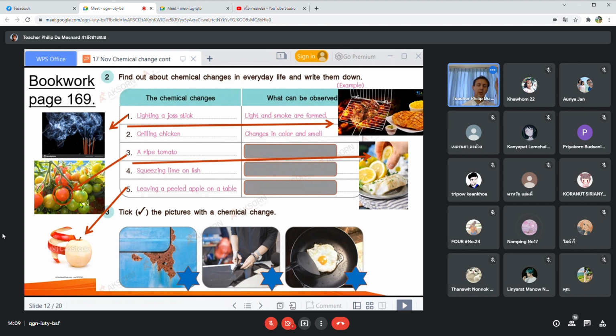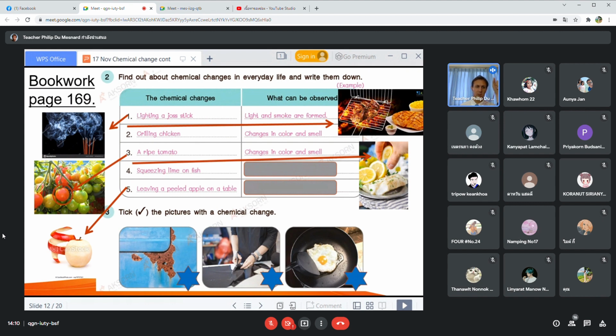No. Very good. Because the green tomato is sour. The red tomato is sweet. Yummy. So the taste is different, and also the color is different. There are two things that changed with the tomato, so we know it's a chemical change.